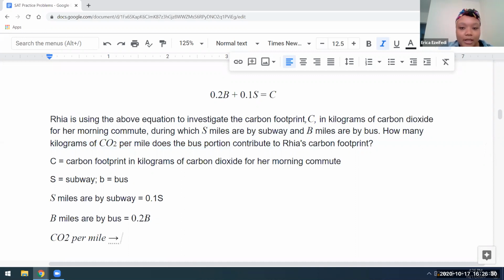We already know that the bus portion contributes 0.2 kilograms per mile traveled by bus, because we can tell by this part of the equation that refers to the portion that is the bus. Now, we don't know how many miles we traveled by bus. That's not really relevant to the question that's being asked. So it can be tricky to realize what is actually being asked of you.